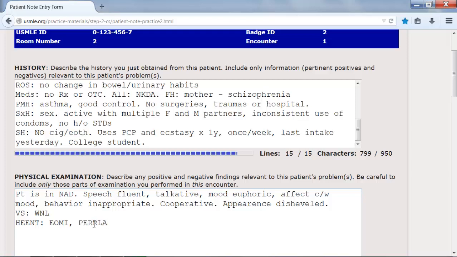Pupils equal, round, react to light, and accommodate. And the most detailed part of the physical has to be the mental exam.